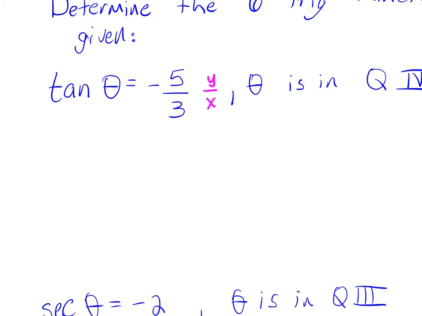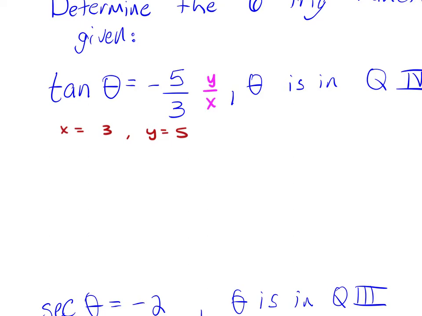Do I know which is my negative? Not necessarily, because when I do a fraction, my negative either goes up top or out front. It doesn't stay with my denominator. So if tangent is y over x, that means my x value is going to be a 3, my y value is going to be a 5. But I don't know which of these is positive and which is negative.